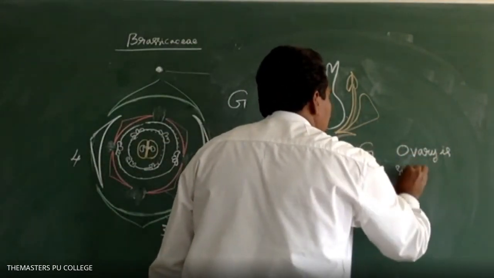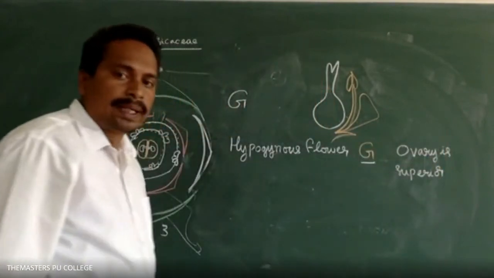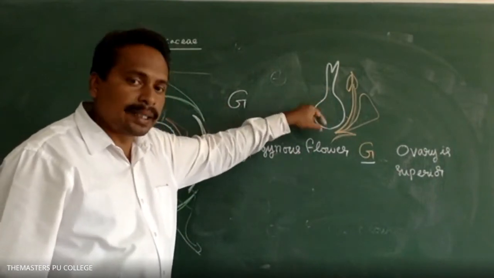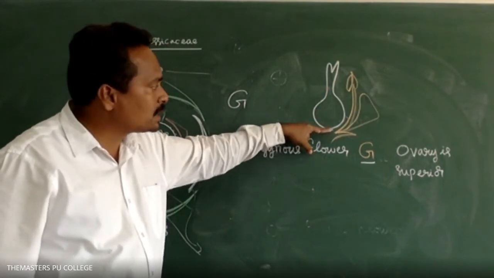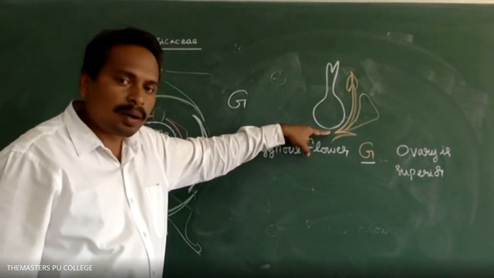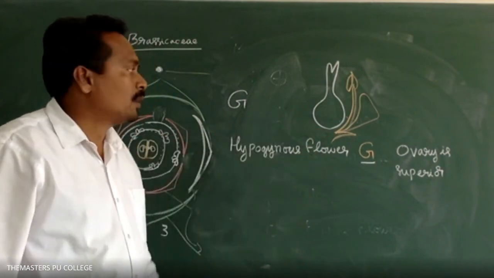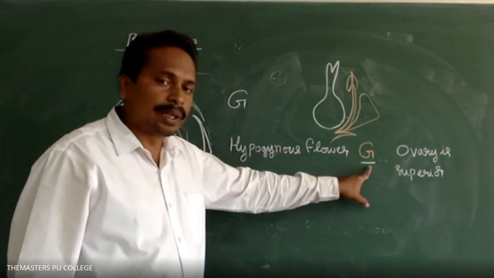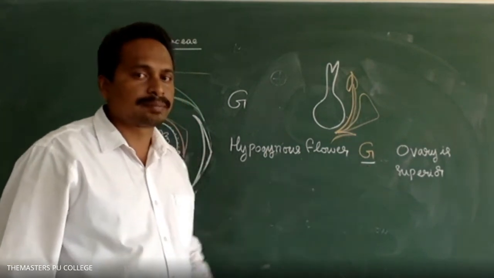The ovary occupies the highest position. The gynaecium occupies the highest position. The rest of the floral parts, stamens, petals, and sepals, are arranged below the ovary. So this symbol indicates that the ovary is superior, yes.